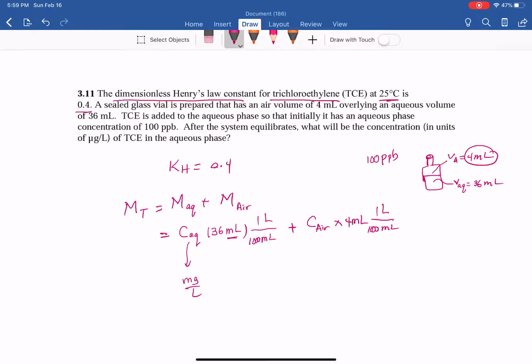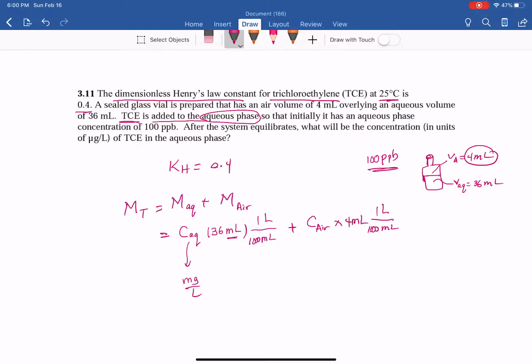So now we should find out the total concentration of trichloroethylene that was added to the aqueous phase. So TCE was added to the aqueous phase. Okay? So we're going to put the solution at 100 parts per billion. Remember, if it is milligram per liter, it is parts per million; parts per billion is microgram per liter.